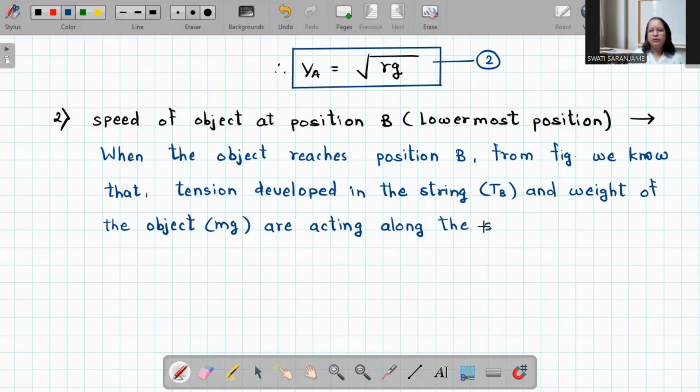Along the same line, but in opposite direction.